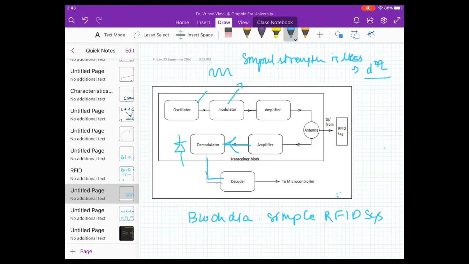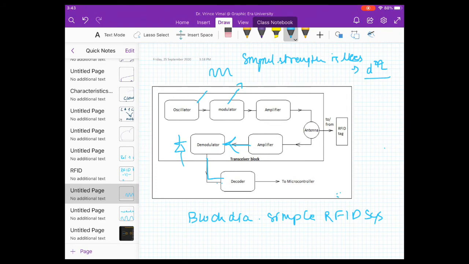Now RFID signal is present everywhere. Whenever any tag comes in its proximity, it charges up the tag through the coil present in the tag, which converts the RF signal back into an electrical signal. This converted signal alone is sufficient to power up the microchip present inside the tag.